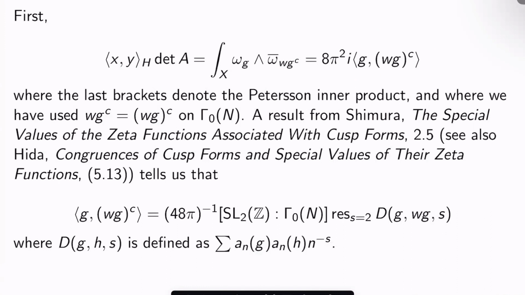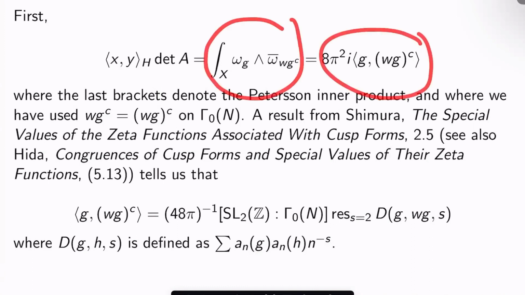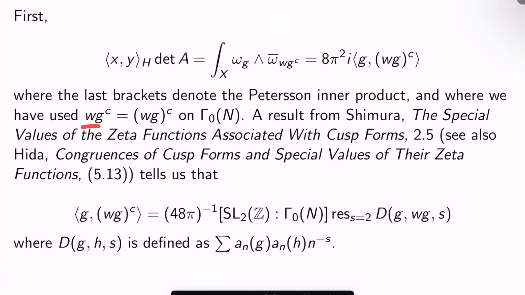Okay. W is our involution that we've been talking about this chapter. And we are using the fact, to make this actually calculate out the right way, that wg to the c is actually w of g all to the c on gamma 0 of n. Okay, so we have this equality just by calculating things out straight.